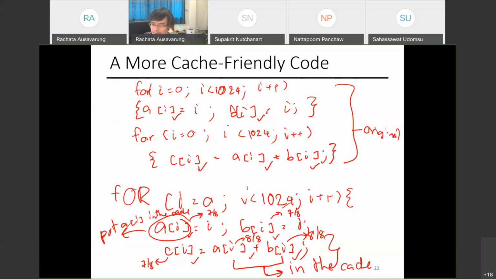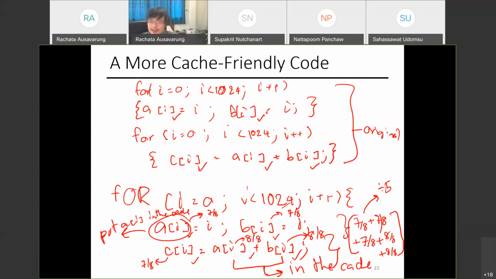So what's the total hit rate here? You have 7/8 plus 7/8, plus 7/8, plus 8/8, plus 8/8. This whole thing, when you add it up, you divide by 5, because you need to average across 5 of them.